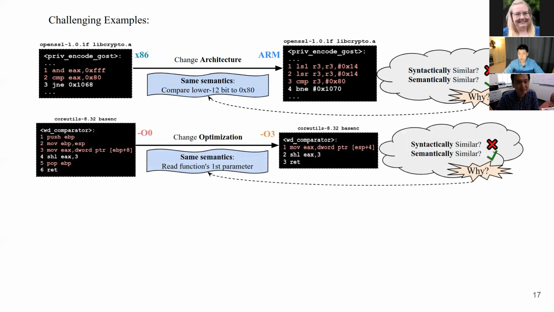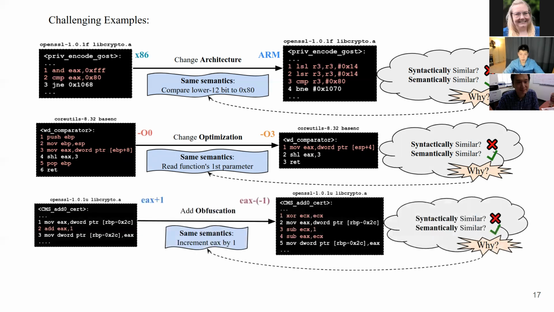The second example shows two code pieces extracted from the same coreutils function, but compiled with different compiler optimizations. Both share the same semantics by reading the function's first argument, but we can see that the function prolog that saves the base pointer on the stack is optimized away when compiled in O3.